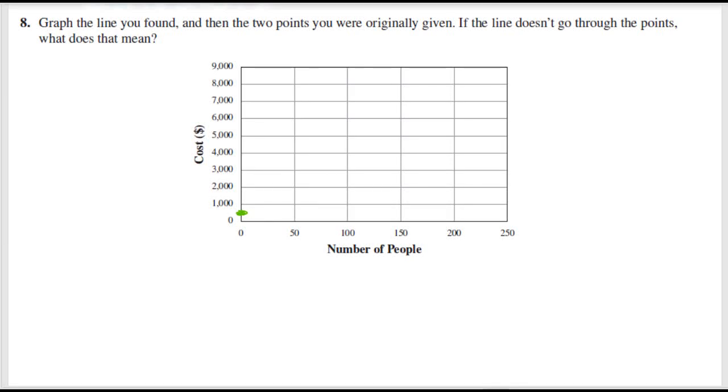So we'll start with our line, and it's hard to go over 1 and up 40. When you have your slope, every time we increase x by 1, we increase y by 40. So I'm going to just say every time we increase x by 100, we increase y by 4,000.